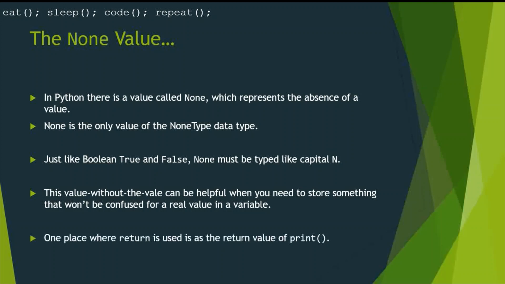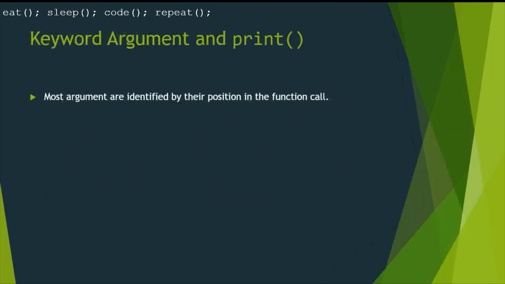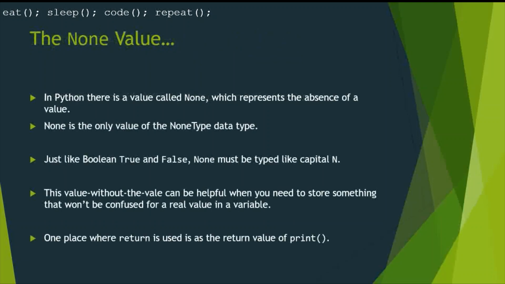One place where None is used is as the return value of print. Print is not returning anything, so it returns None. Let me go to the interactive shell to show what I mean.